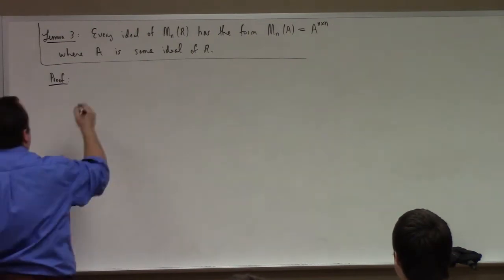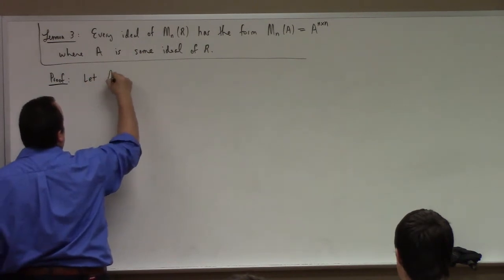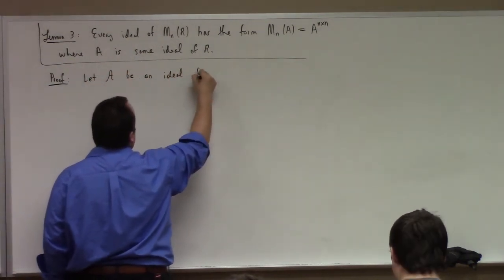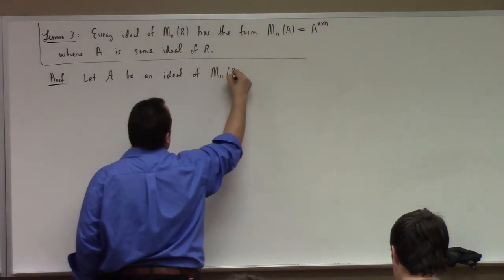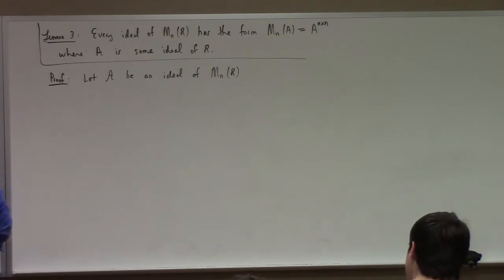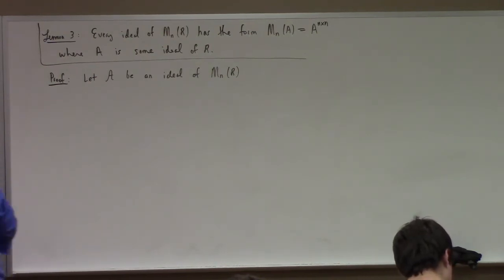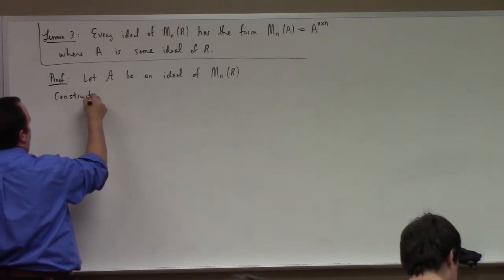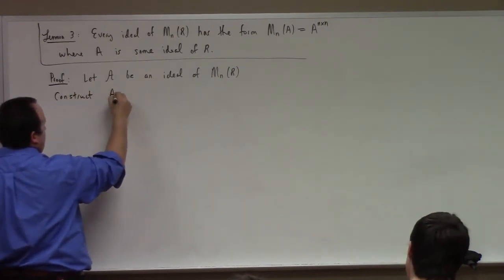Anyway, so we'll let script A be an ideal of the matrix ring. All right? And then what we're going to do is construct our candidate, unscript A, equal to what?